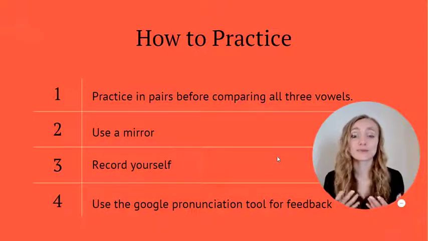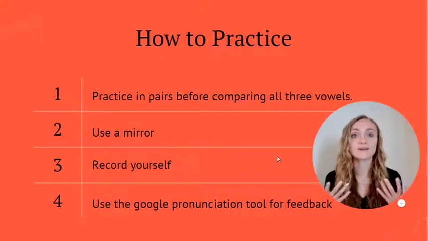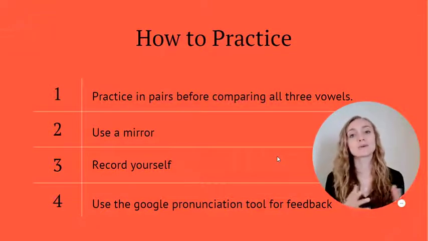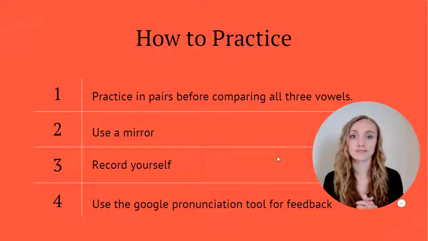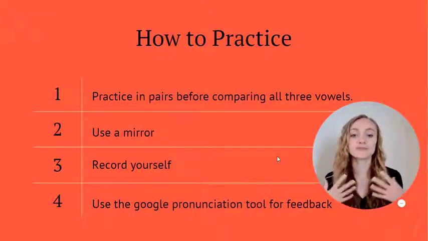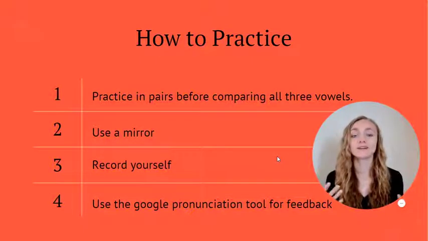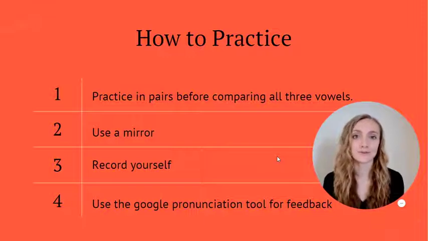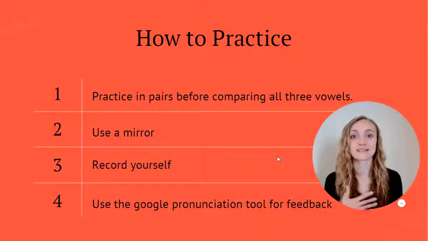And we're going to record ourselves. Let's hear how we say things and compare it to the recording that you have in your practice sheet. And we're going to use the Google pronunciation tool for feedback. You can do this for any sound, remember, and it's usually pretty effective. But we're going to do this for these E and E sounds as well.